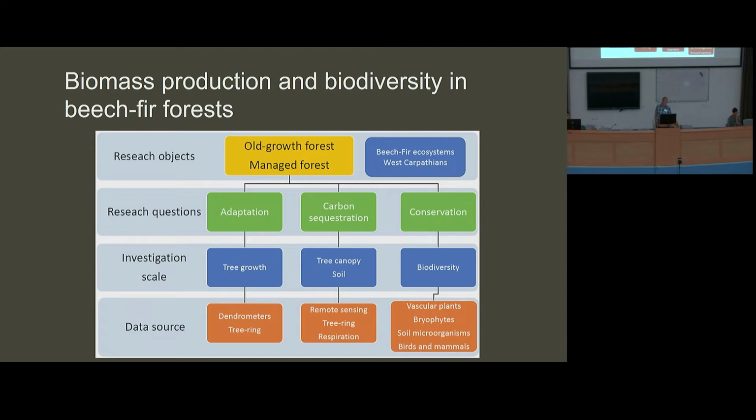And of course, we also include biodiversity assessment. So we include many taxonomic groups, such as vascular plants, bryophytes, birds and mammals, and also soil microorganisms, including mushrooms.